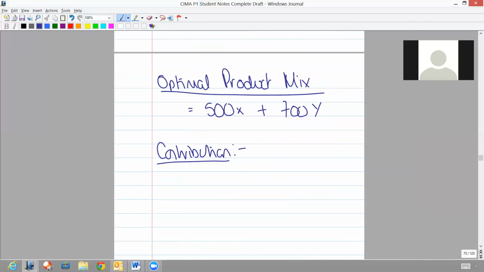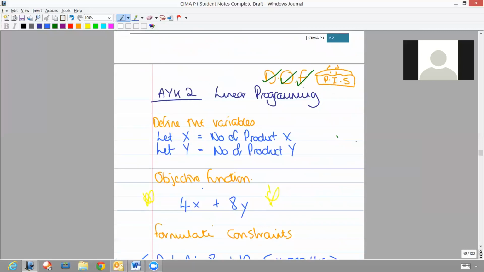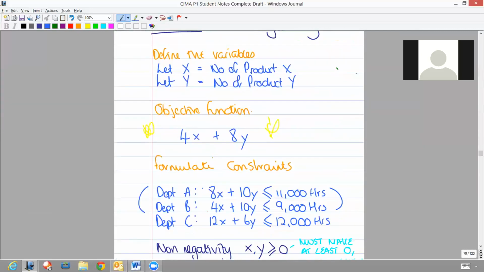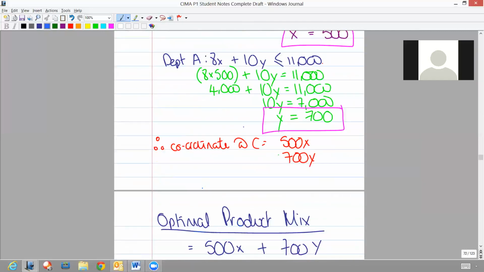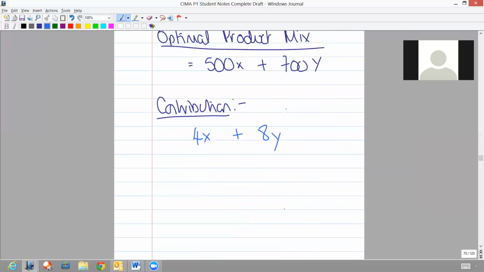Well, remember you formulated your objective function all the way back up at the start. You had your 4x plus 8y. So if you take that down, we now know that the value of x is 500 and the value of y is 700.